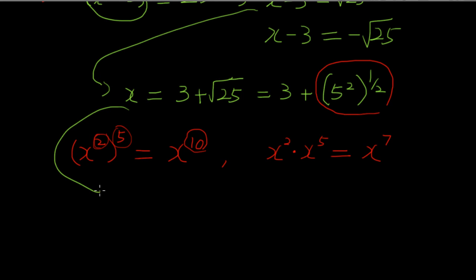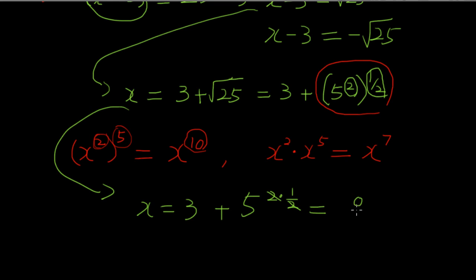Let me continue it in here. So x equals 3 plus, we have a square and a square root, the 1/2 power. What do we do with this? We multiply. So 5 to the square times 1/2, cancel, becomes 1. So this is just 3 plus 5, which is just 8.